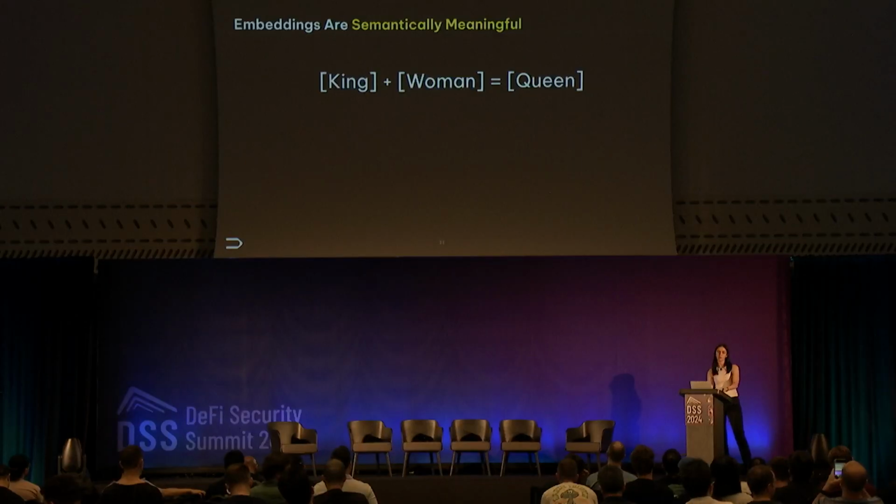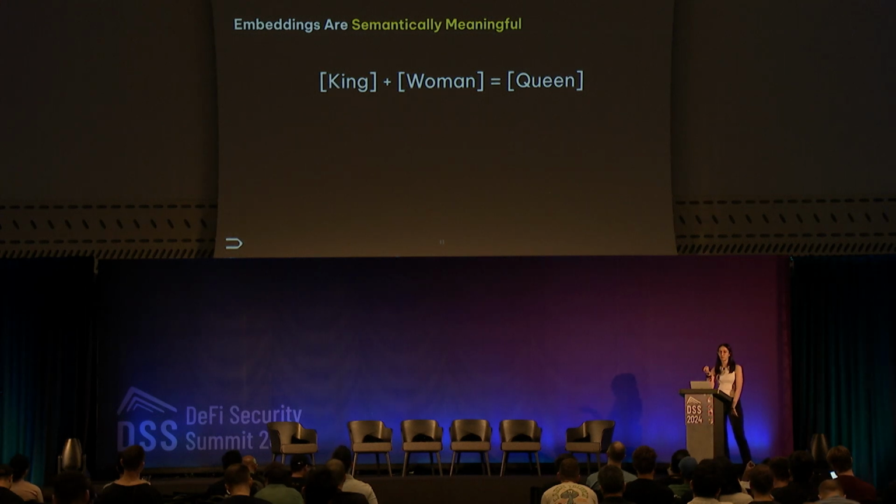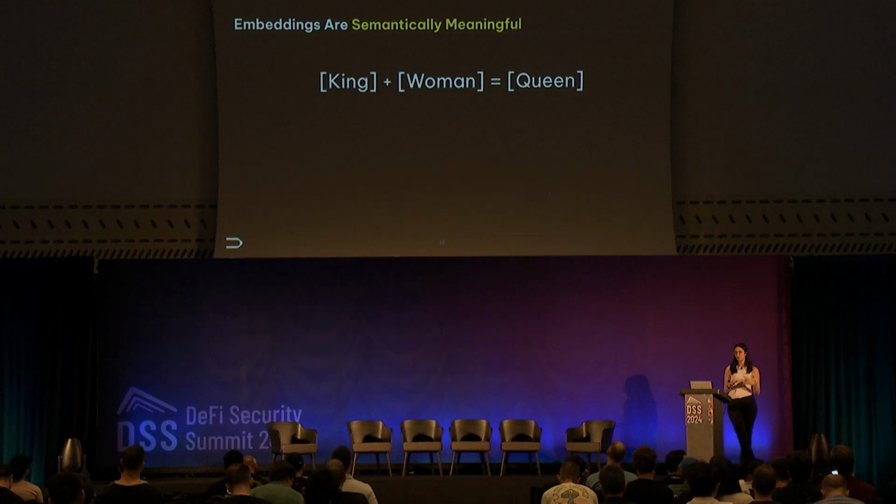Good embeddings have to be semantically meaningful. What that means is, for example, if we use the example of word embeddings, that's a classic example in Word2Vec and Glove, where if you get the vector for king and you add the vector for woman, you get the vector for queen. That means that embeddings have this feature that they embed relationships within those numbers.